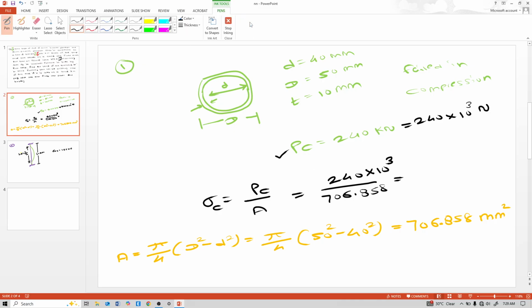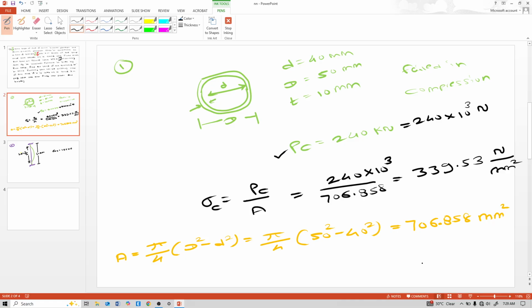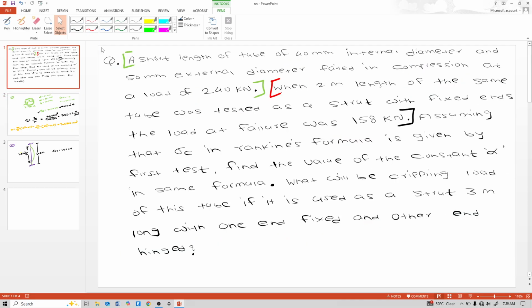So 240 into 10 raised to 3 divided by 706.858. It is 339.53 Newton per mm square, unit of stress. So yes, this is also correct.